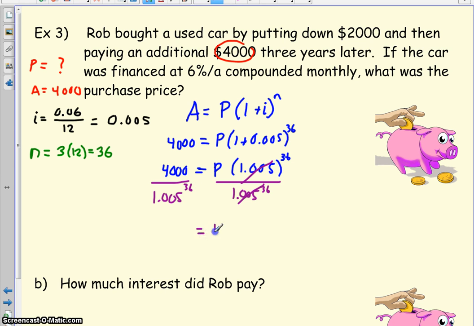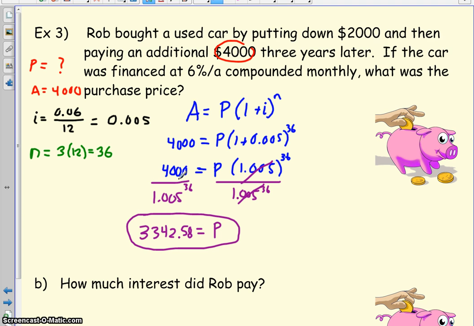Okay, so run that through your calculator, let's see what we get. So I get approximately $3,342.58.